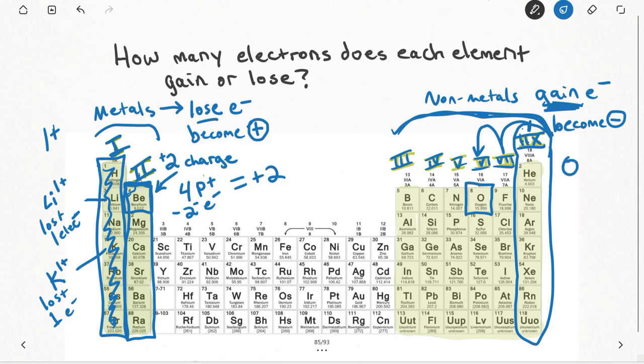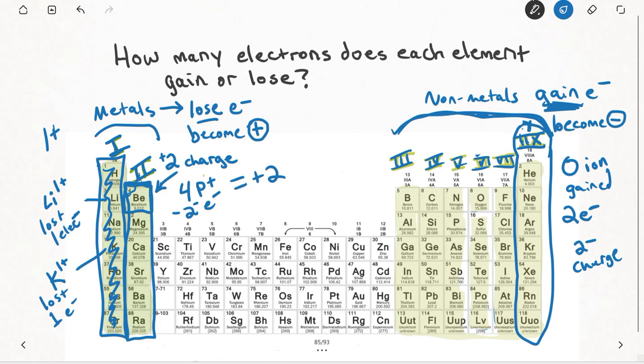That means oxygen gained 2 electrons in ion form. An oxygen ion gained 2 electrons, which means it has a 2 negative charge. And everything in this column that oxygen is at the top of does that exact same thing. Anything in this column, if it's an ion, gained 2 electrons, and has a negative 2 charge.